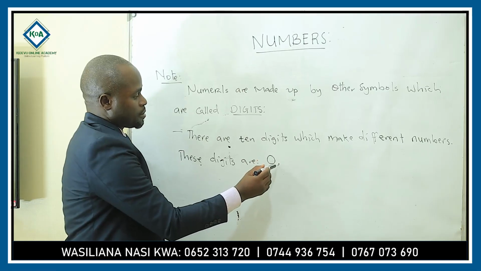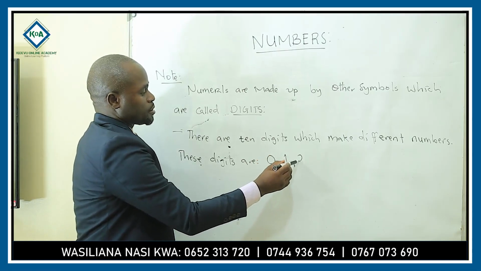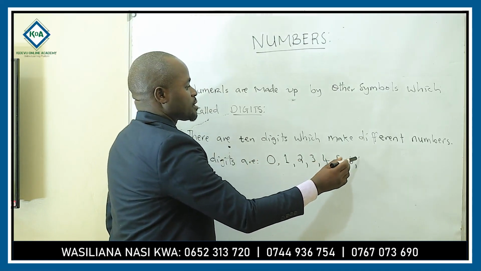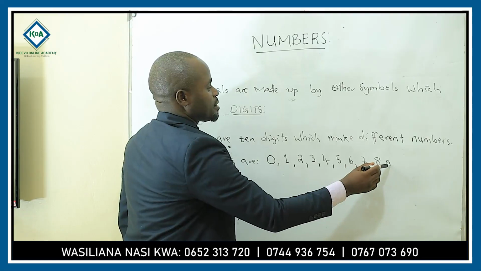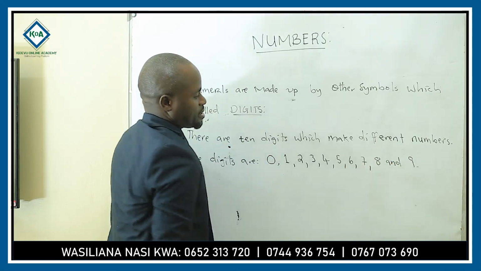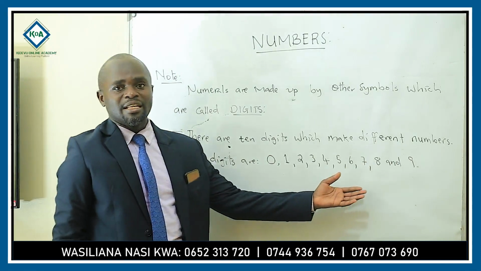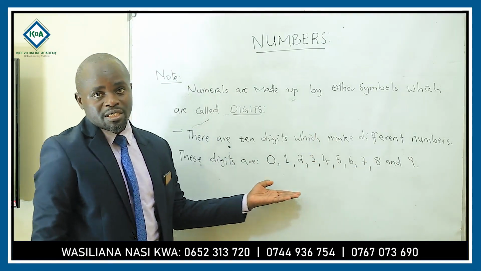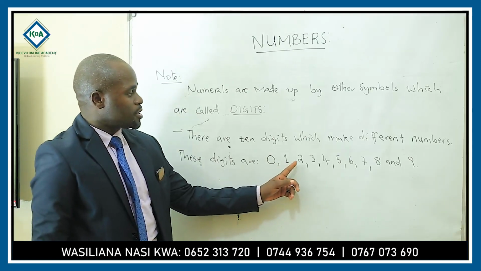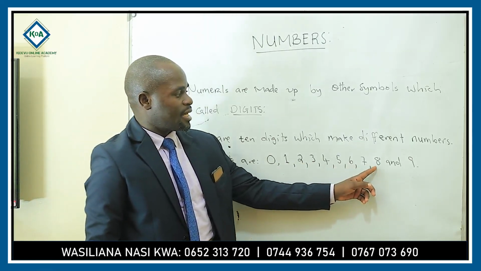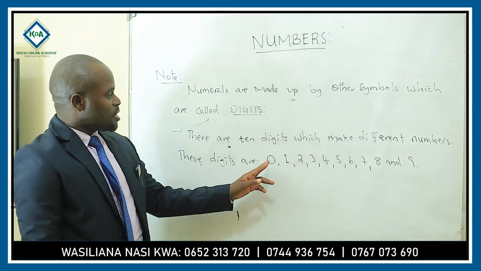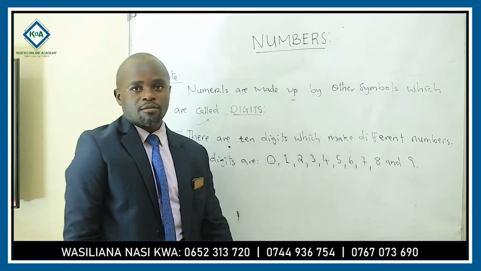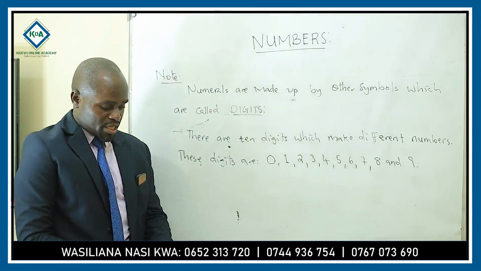We have 1, 2, 3, 4, 5, 6, 7, 8, and the 9. So these are digits which make any number. If you write any number, it means you have to use one among these 10 digits. This is 0, 1, 2, 3, 4, 5, 6, 7, 8, and 9. So how many digits? 1, 2, 3, 4, 5, 6, 7, 8, 9, 10. So you have 10 digits which make any number.